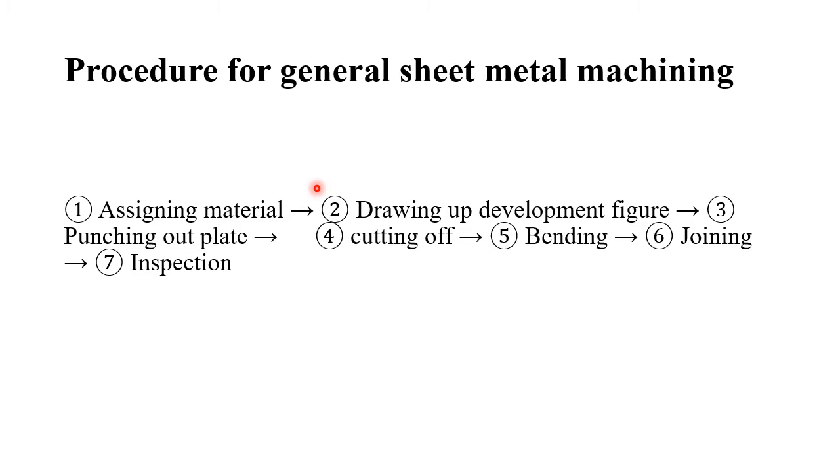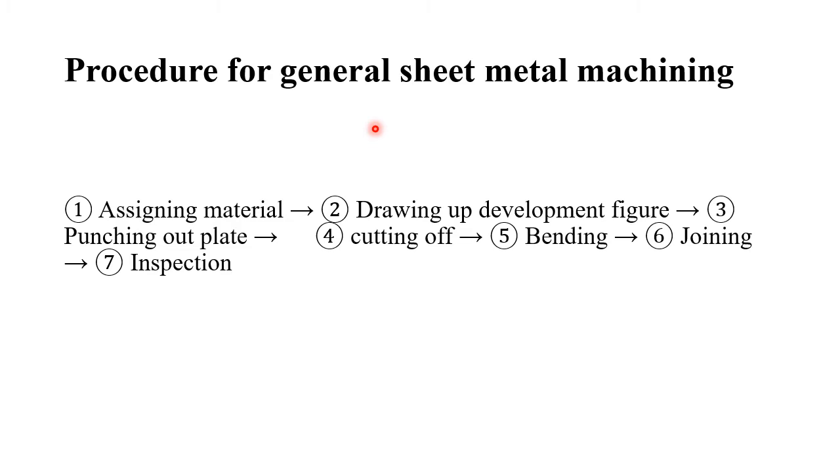Number two is drawing up the development figure. The development figure is like a plan, like when constructors make the plan of a house. It is when you draw what you need to produce, so here we need to know what we want.